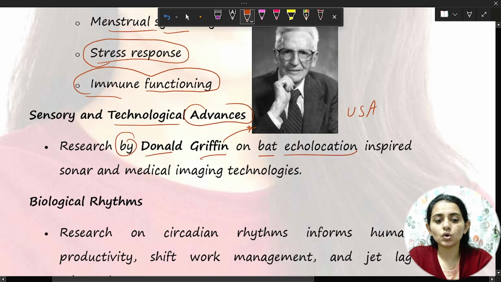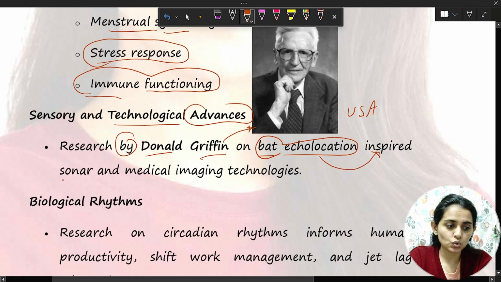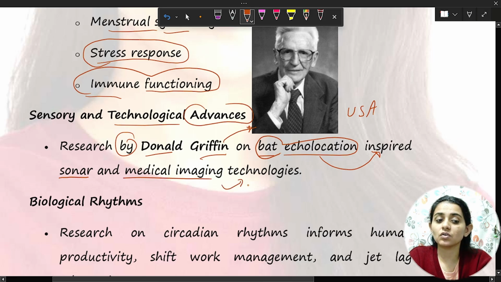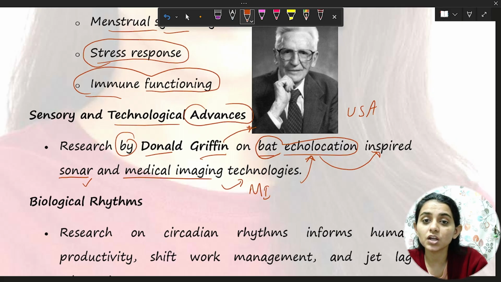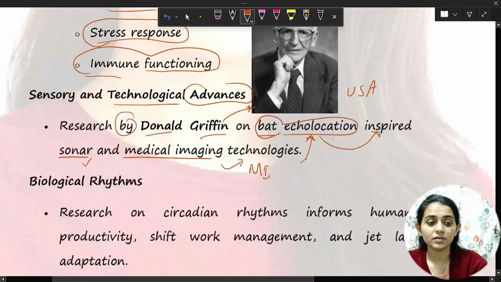Bat echolocation inspired us to make sonar and medical imaging technology. MRI machines and sonar are techniques inspired by how bats echolocate themselves.